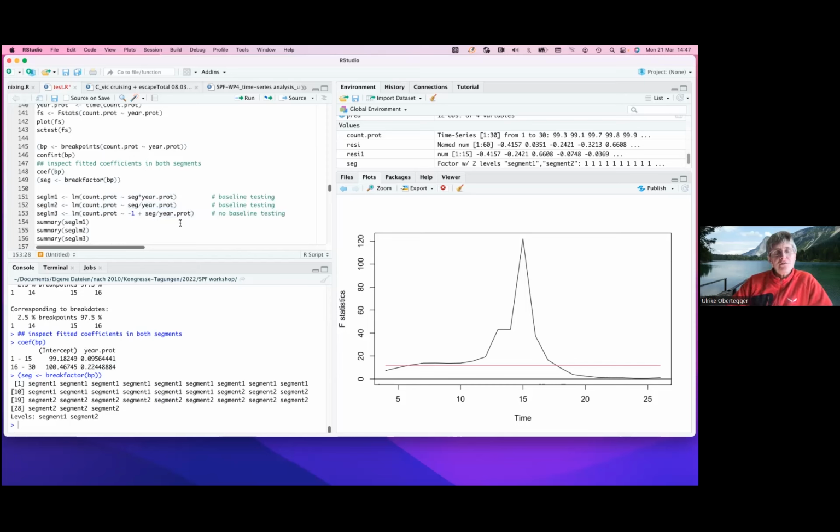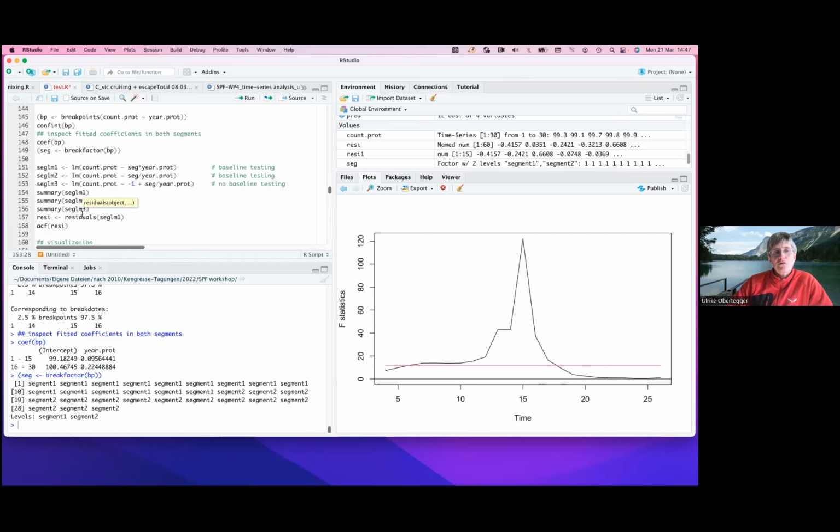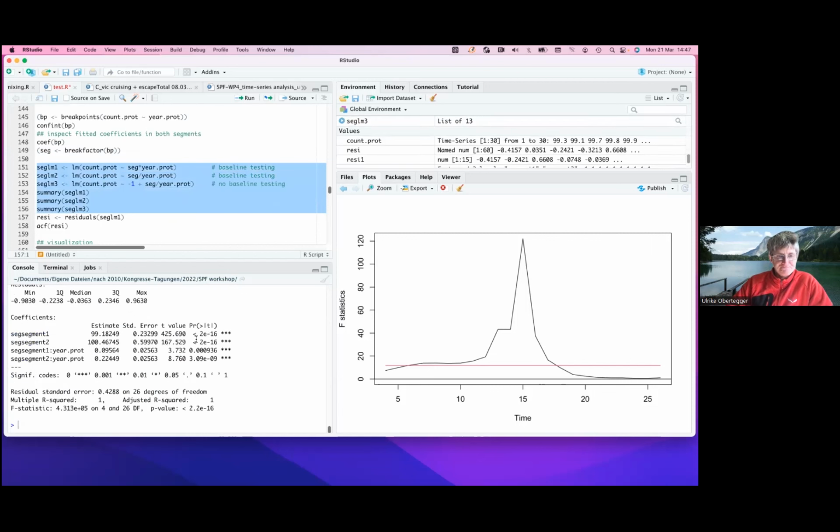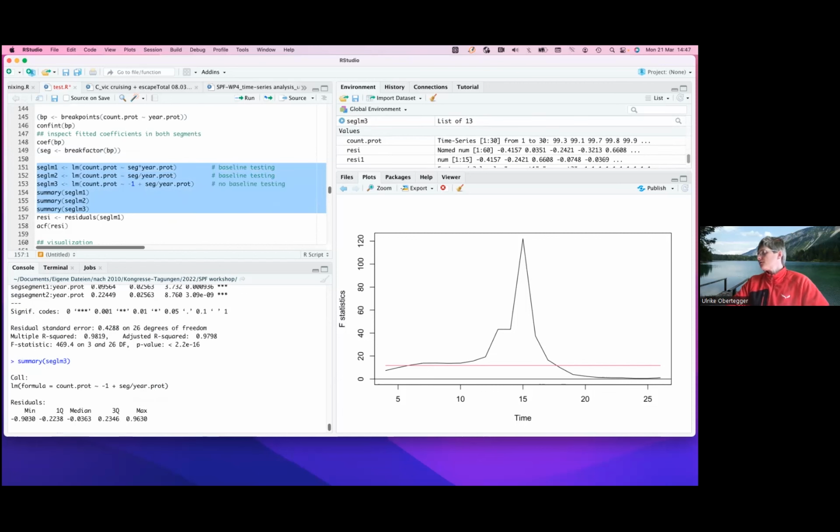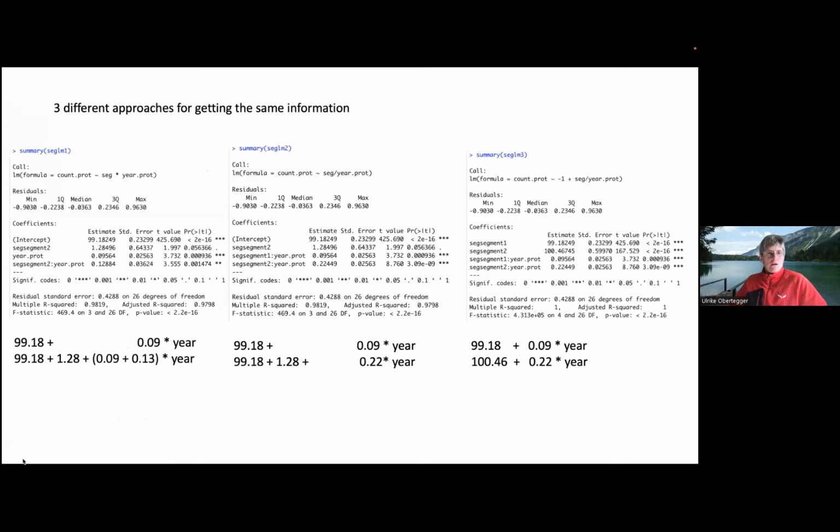Okay, all 3 models give the same information, but in a different way. And if we execute this, you will notice that there are some differences. Okay. So here we have side by side the 3 different approaches for getting the information.